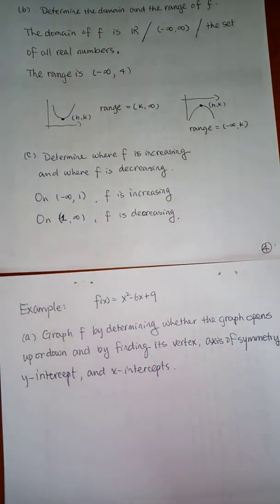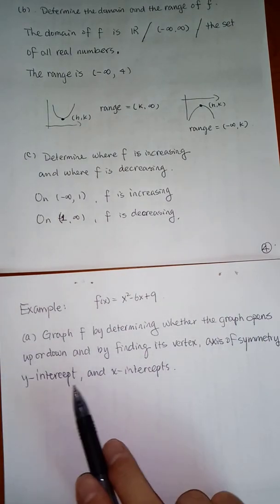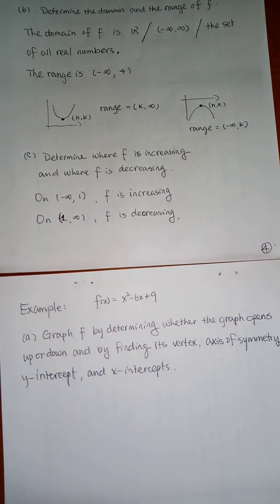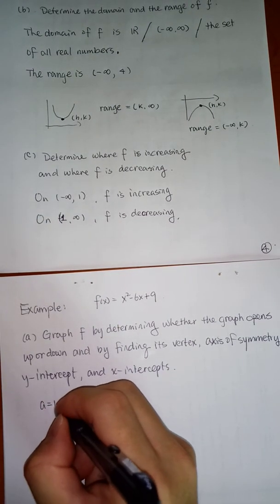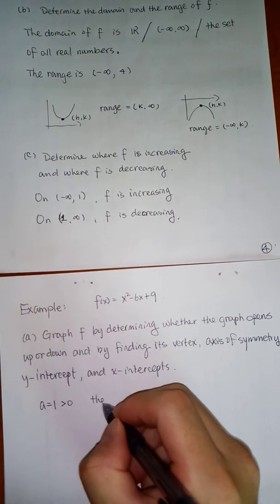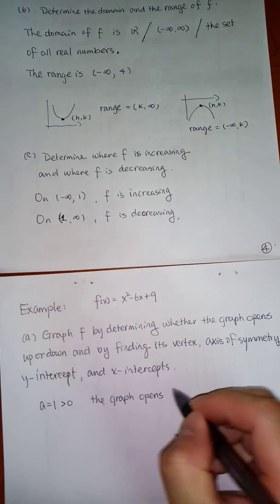Okay, so you see here it's the same. It's an identical process. We have vertex and opening, x and y intercepts. Opening, the vertex, x, y intercept, and axis of symmetry is together with the vertex. Okay, so a is equal to 1 in this case, so it's positive. The graph opens up.